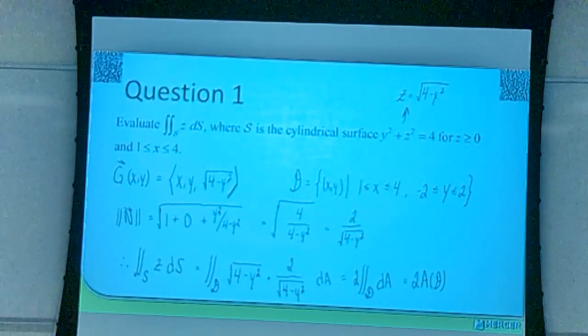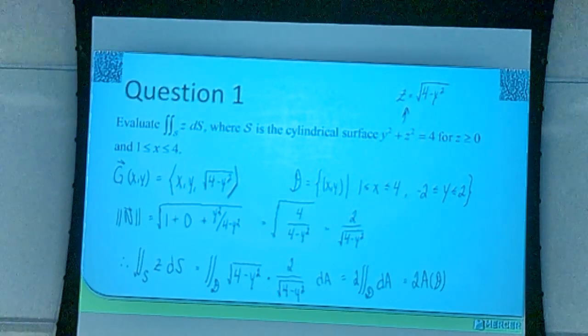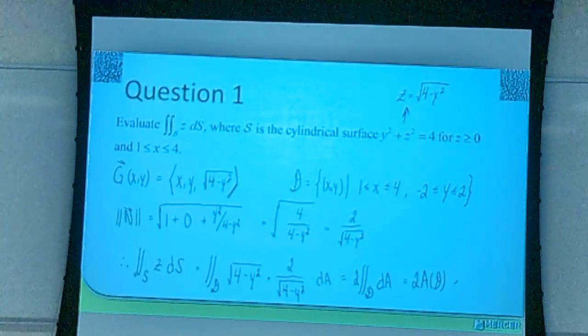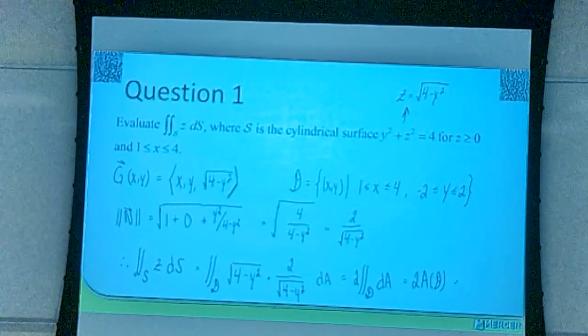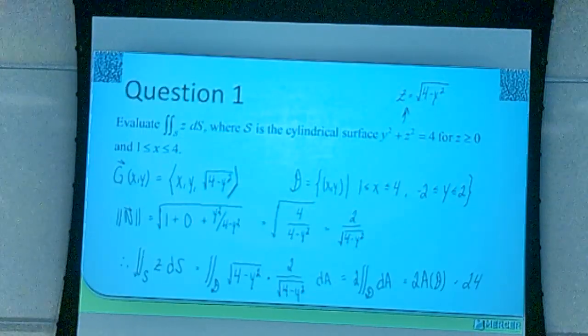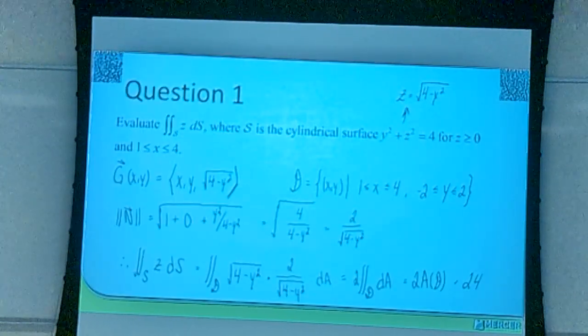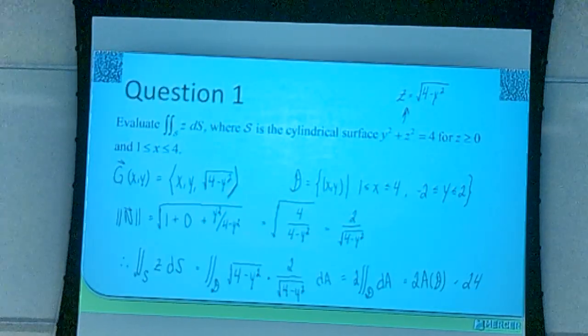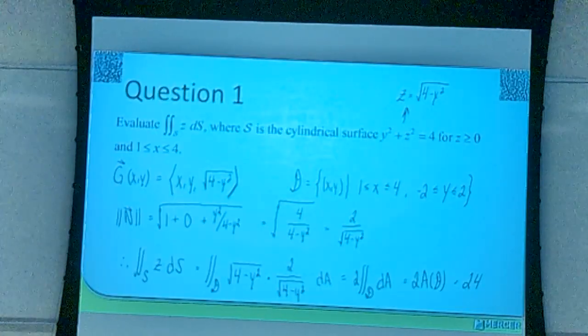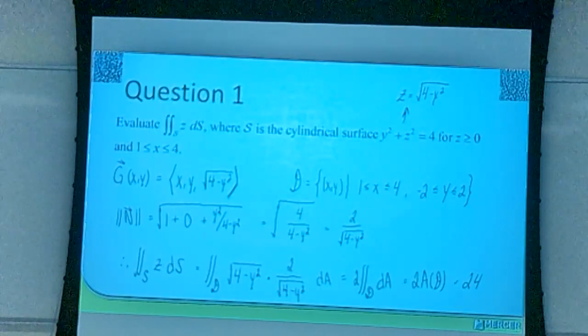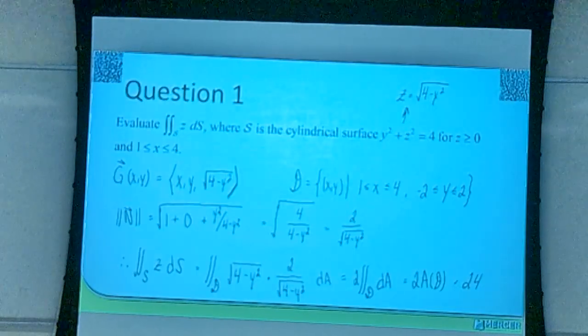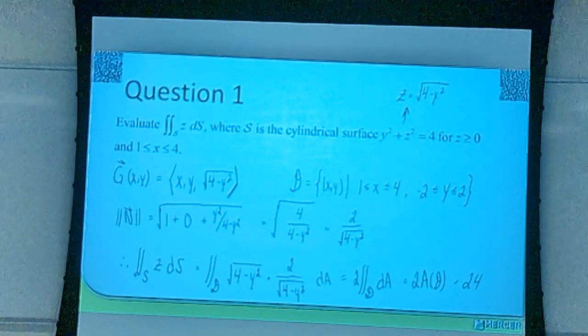Our region's a rectangle. 4 minus 1 is 3, 2 minus negative 2 is 4. 3 times 4 is 12, times 2 is 24. There's your surface integral. And so again, the hardest part is parameterizing your surface. Once you've done that, it's now just a double integral.